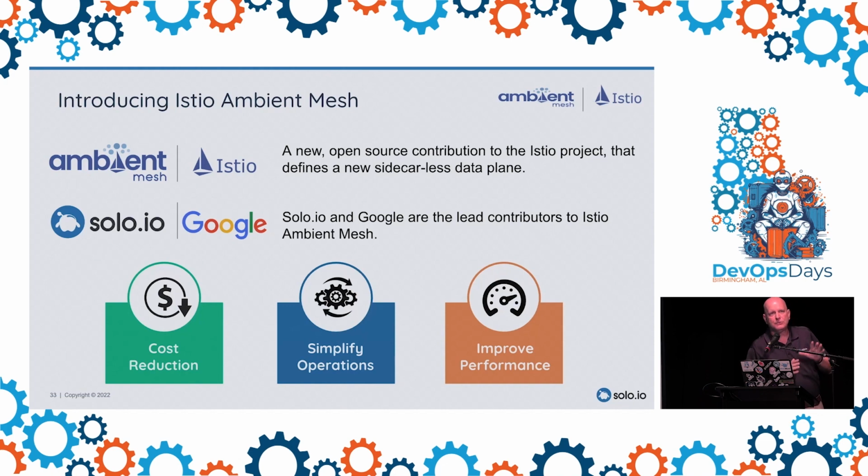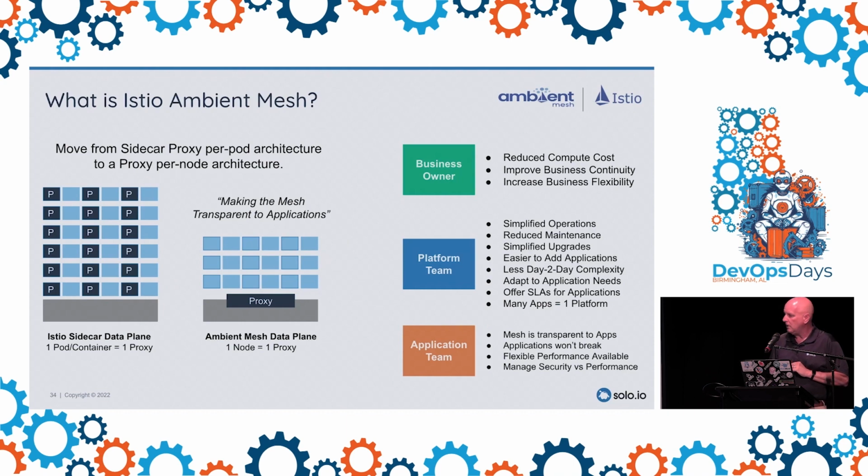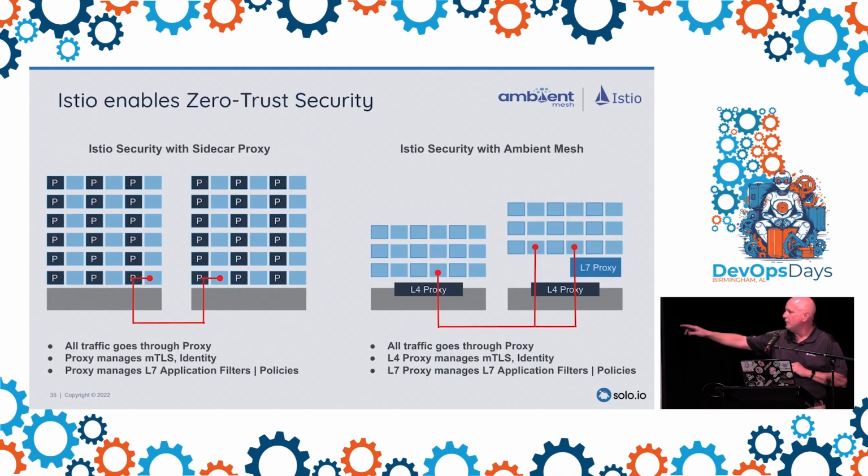And so these are the kinds of day 2 operational concerns that Ambient Mesh really addresses in spades, because it allows us now to have a single shared layer 4 proxy on a per node basis rather than a per container service basis.